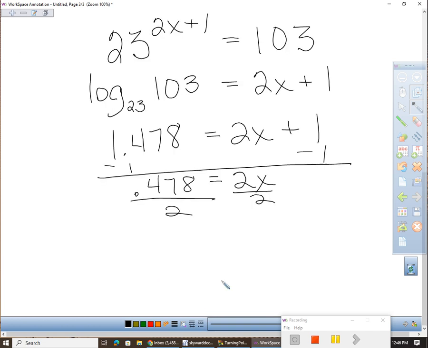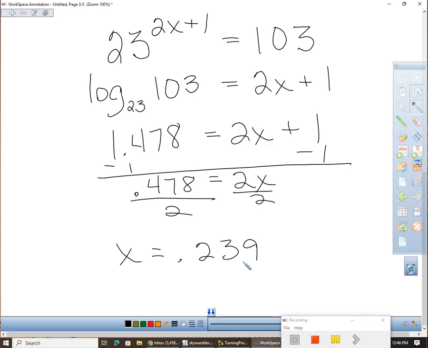And we get x equals 0.239, I think. I'm doing it in my head. So questions on changing those into log. Those make sense? Okay. All right.